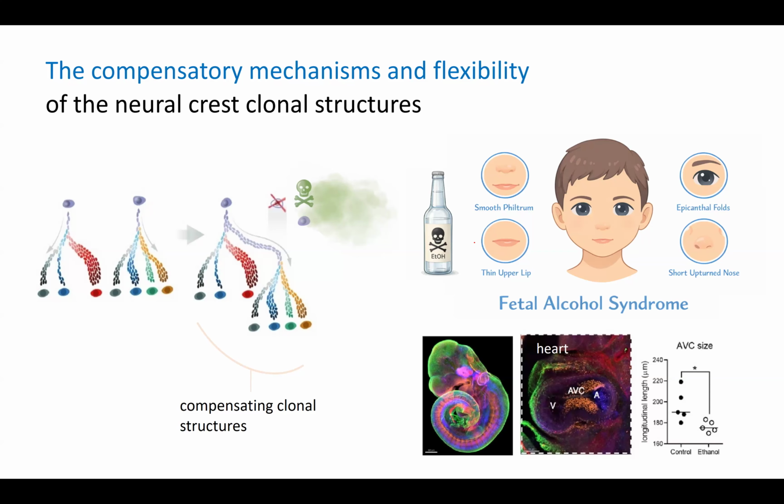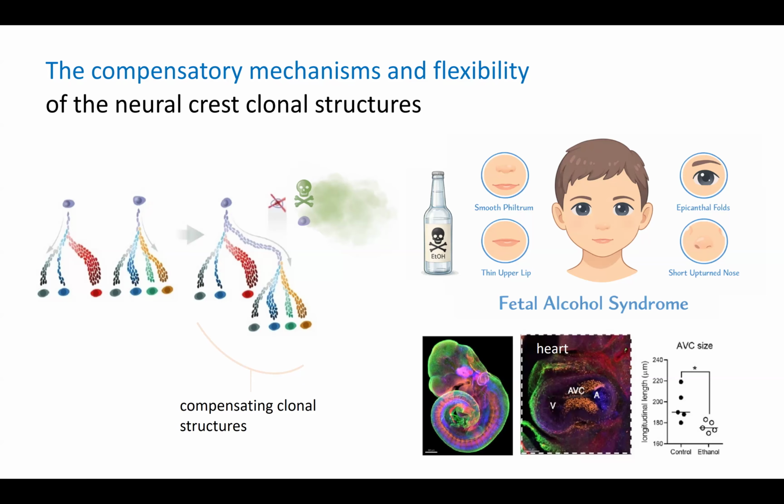So basically, alcohol is poison for the neural crest, and a certain proportion of the neural crest cells will die if there is a lot of alcohol in the embryo's system. But the remaining cells that survive will try to compensate, and they can achieve a certain degree of success depending on how much alcohol was present or how many cells died. So there are some limits to these compensations, right?